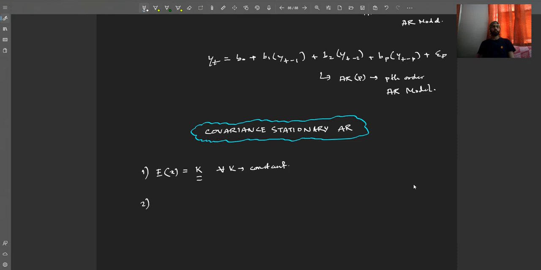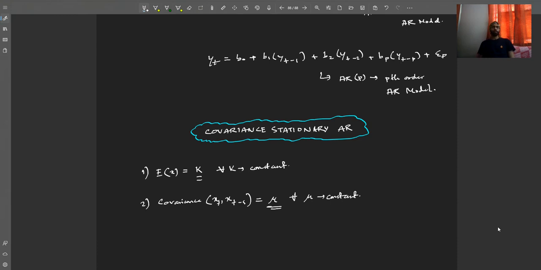Number 2 is covariance. The covariance of this variable at a certain lag, let's say xt and xt minus s, between these two has to be constant. Let's give this a value called mu, where mu is a constant. Again, if this mu value changes with respect to time, then we cannot call the autoregressive model a covariance stationary model.